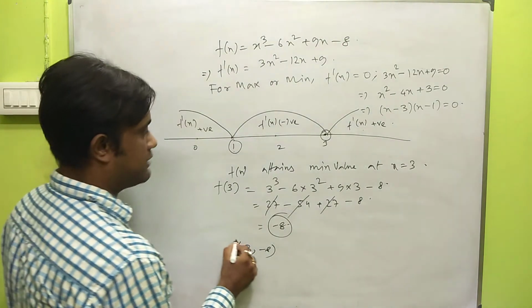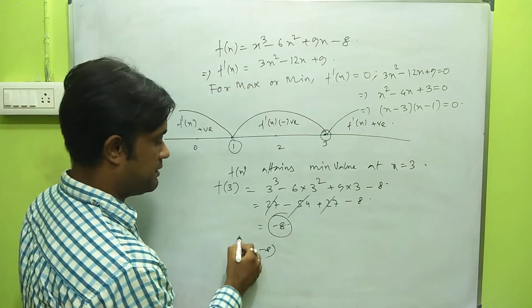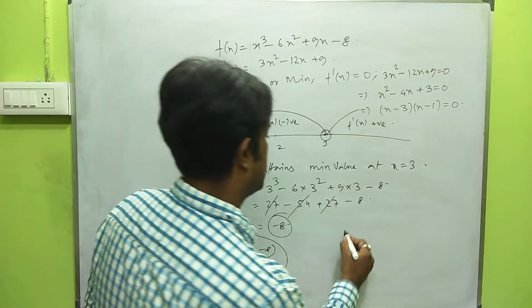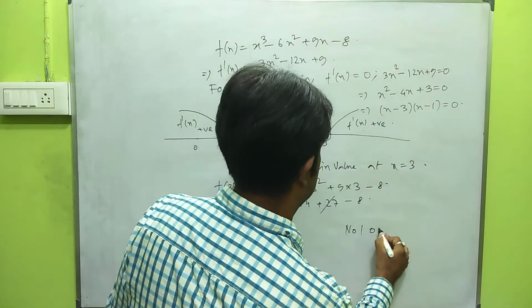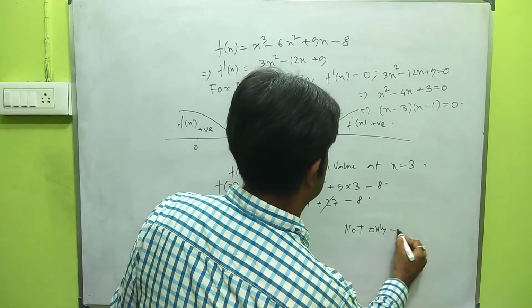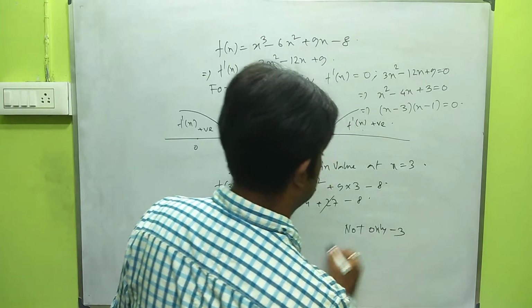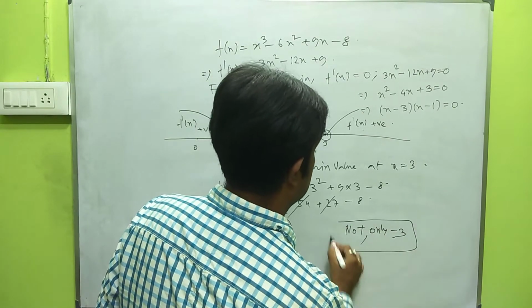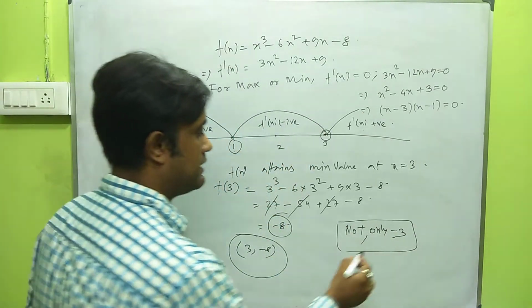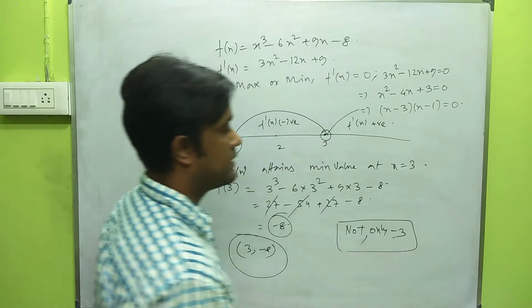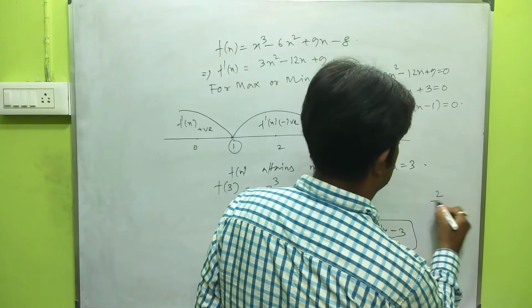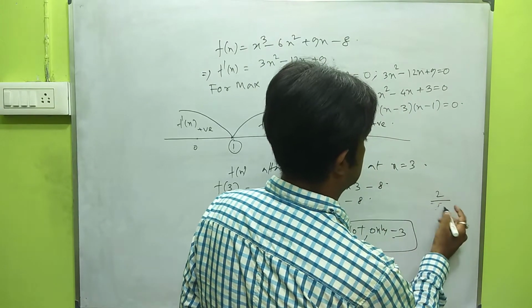So the answer for the point at which the function attains minimum value will be 3 comma minus 8. Not only 3. If a student writes only 3, then he can get only 2 marks out of 5 or out of 6.